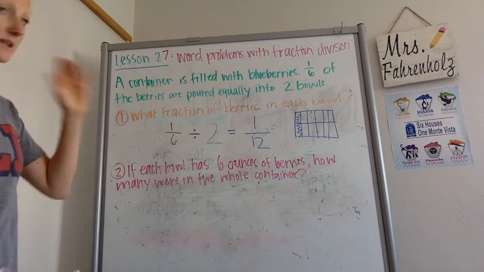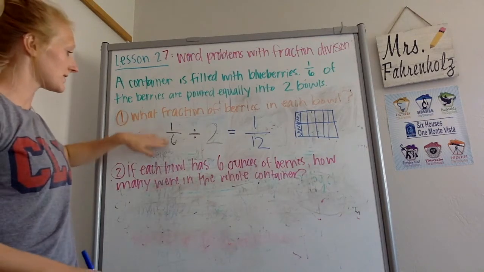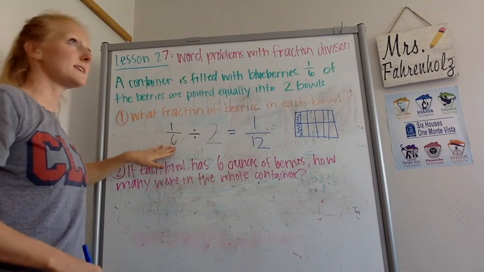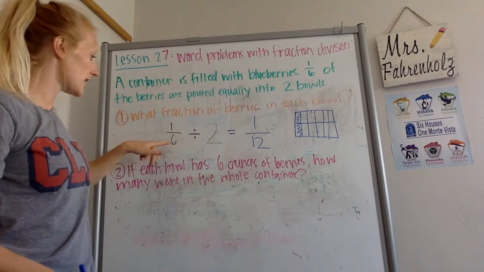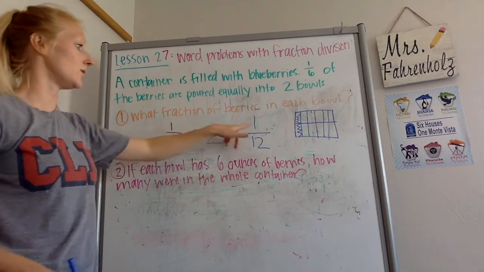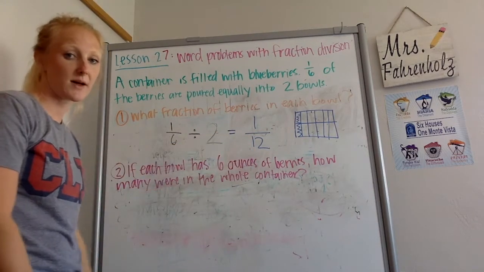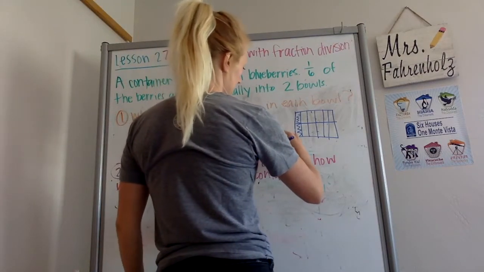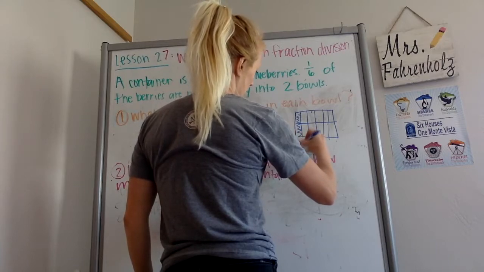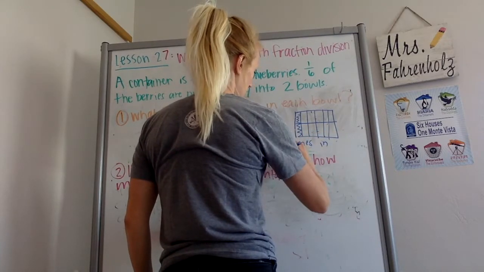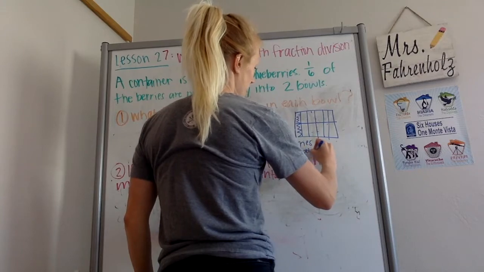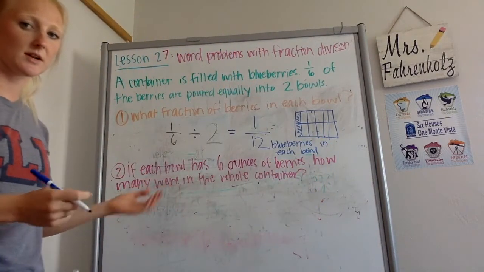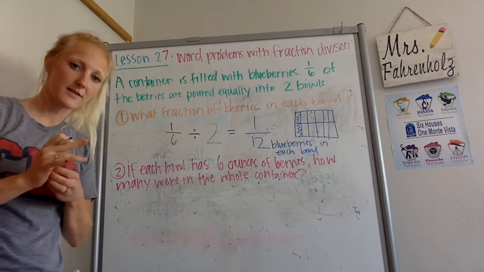You can also use the shortcut way we used, where if you have 1/6, and you're dividing it by 2, you're going to have twice as many pieces, but still only 1 on top. So you're going to have 12ths. So 1/12 of the container of blueberries in each bowl.